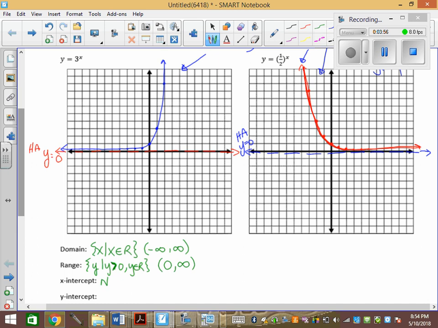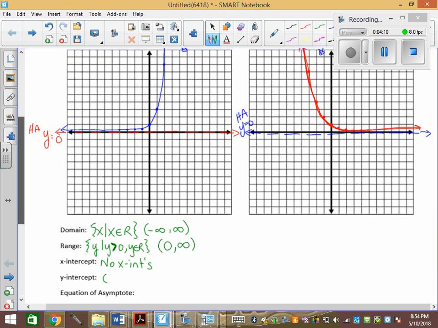There are no x-intercepts because the asymptote is on the x-axis. The only way I'm going to get x-intercepts is if my asymptote moves off the x-axis. And my y-intercept in this case is (0, 1). I have a horizontal asymptote at y equals 0.